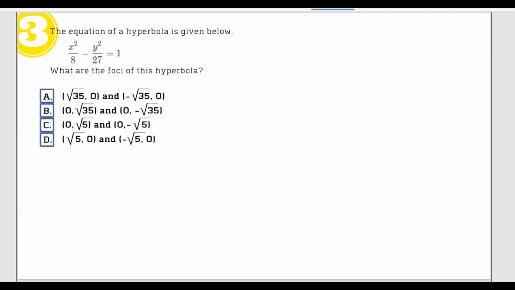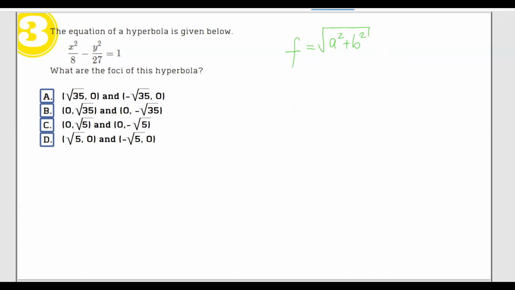Moving forward, in problem number 3, the equation of a hyperbola is given below: x squared over 8 minus y squared over 27 equals 1. What are the foci of this hyperbola? We've discussed at the beginning of this video the formula for the foci of the hyperbola. I'm going to write it down here: focal distance equals the square root of a squared plus b squared.